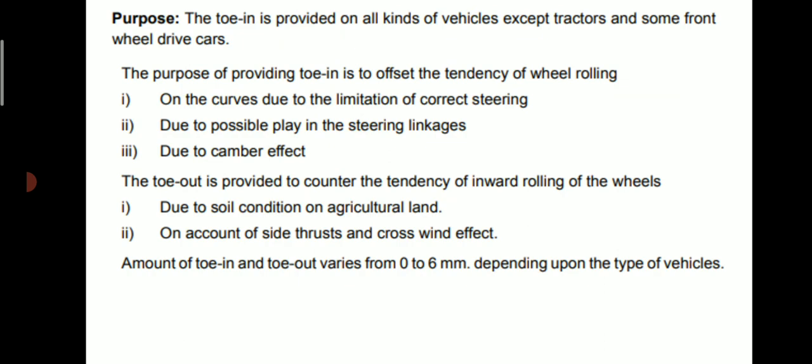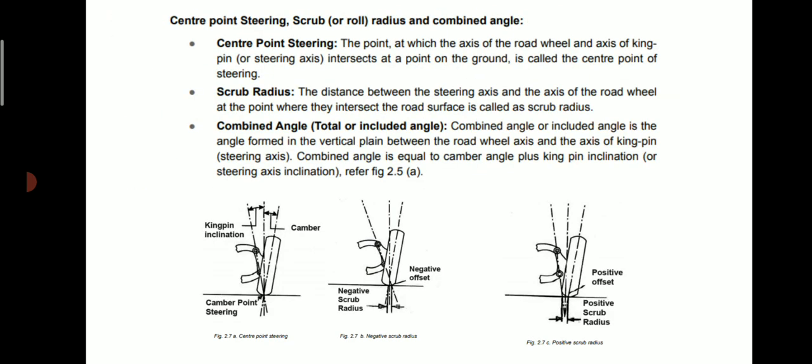The purpose of providing toe in is to offset the tendency of wheels rolling outward on curves due to the limitation of correct steering, possible play in steering linkages, and the camber effect. The toe out is provided to counter the tendency of inward rolling of the wheels due to soil conditions on agricultural land and on account of side thrust and crosswind effect. The amount of toe in and toe out varies from 0 to 6 mm depending upon the type of vehicle.